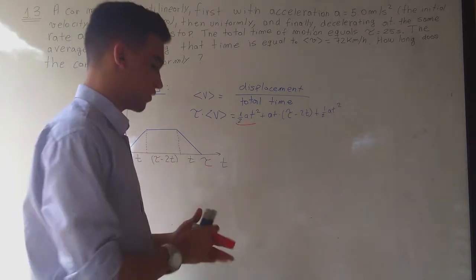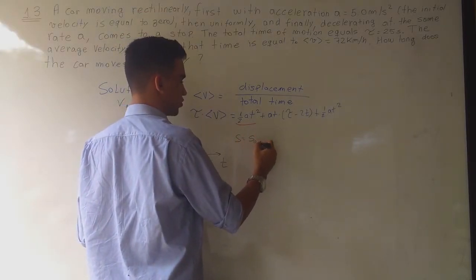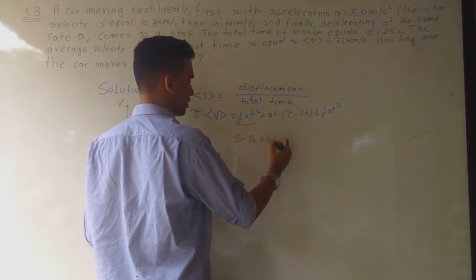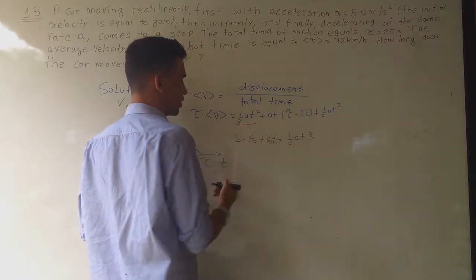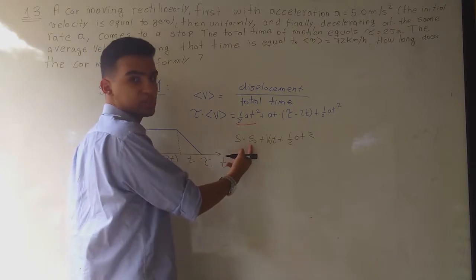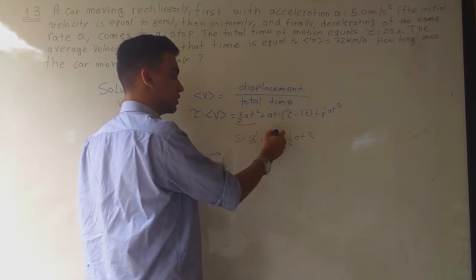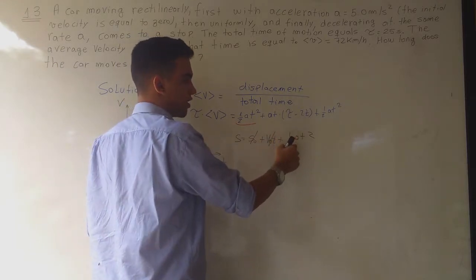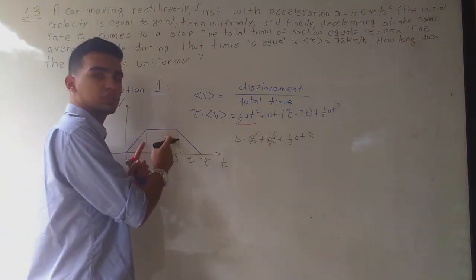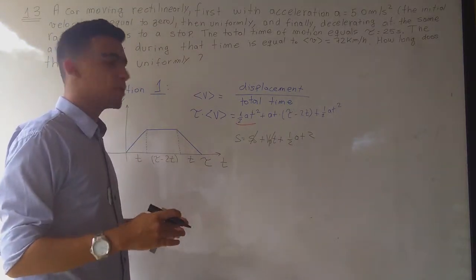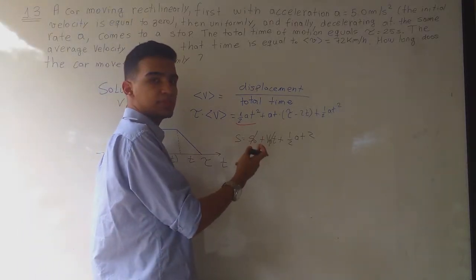So here we have the equation S equals S naught plus V0 t plus 1/2 a t squared. But in our case, S naught is 0, V0 is 0, and 1/2 a t squared is just here. In the second part, there is no acceleration. When there is no acceleration, the distance is just velocity times t.